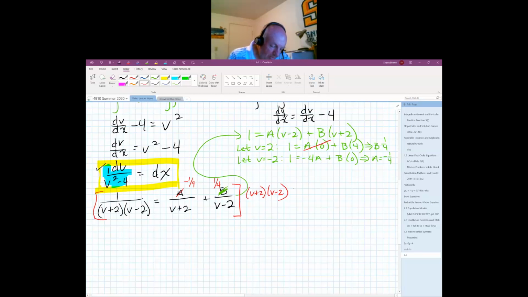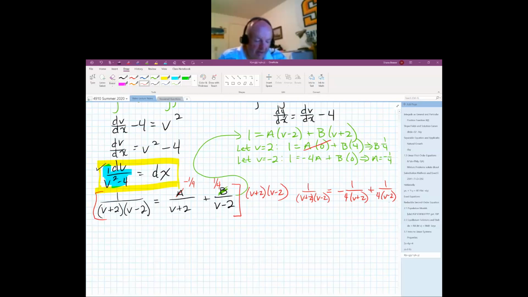Our expression 1 over v plus 2 times v minus 2 is negative 1/4 over v plus 2, which is the same as negative 1 over 4 times v plus 2, plus 1/4 over v minus 2, which is the same as 1 over 4 times v minus 2.